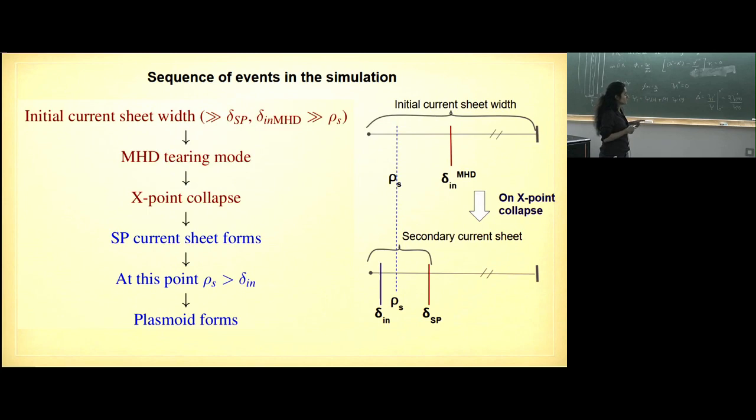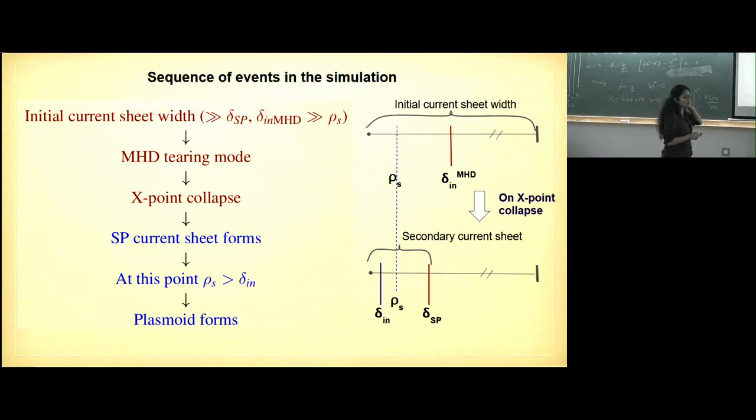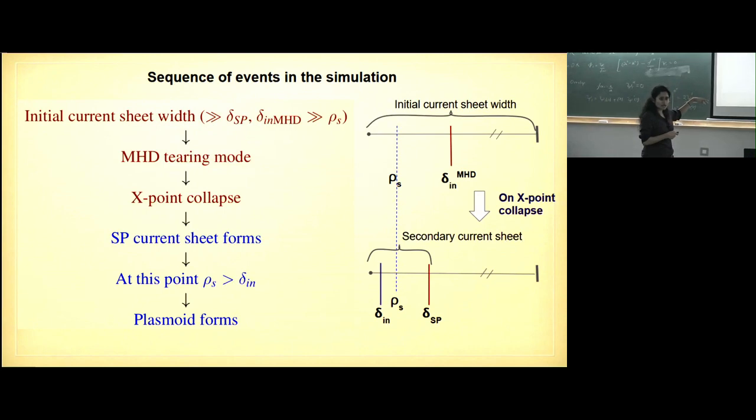So I initially have a current sheet, which is in the MHD regime, and it goes tearing mode unstable. In the MHD regime, the inner boundary layer width is much larger than the rho s that I have set. Now it goes tearing mode unstable, performs X-point collapse, and a secondary current sheet forms.